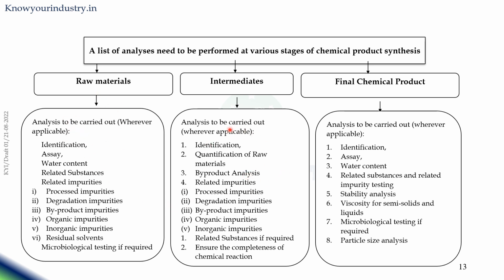Then Y company supplies these intermediates to Z company to manufacture the final chemical product. So the final chemical product is manufactured by Z company, for which the intermediates are the raw materials. So the intermediate can be any chemical compound used to synthesize or manufacture a final chemical product. The raw materials, intermediates, and the final chemical product will all be tested for various parameters, which we have already explained.